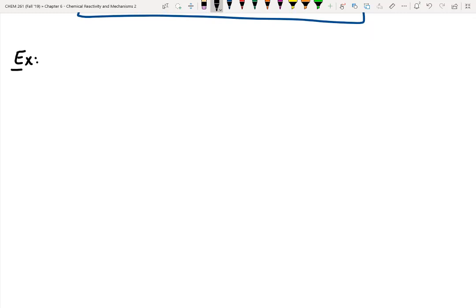All right, so I'll give you a sneak peek about a reaction that we'll cover later. So we'll take a real-world example. And in this example, I've got this reactive molecule. What's this molecule called? Let's name it. And then check with your neighbor and see if you're naming it correctly.